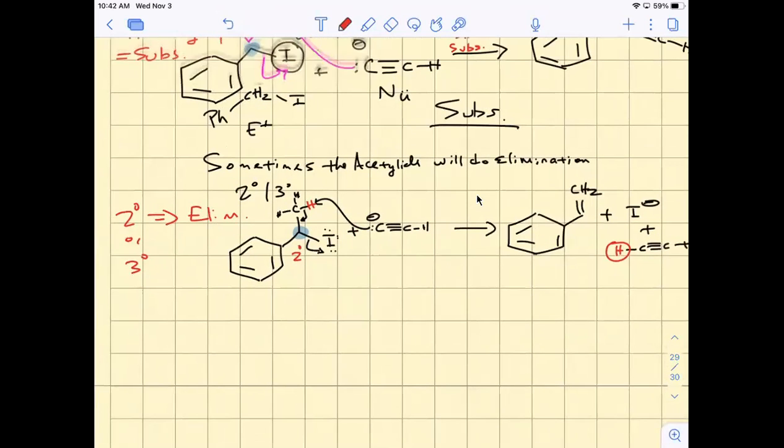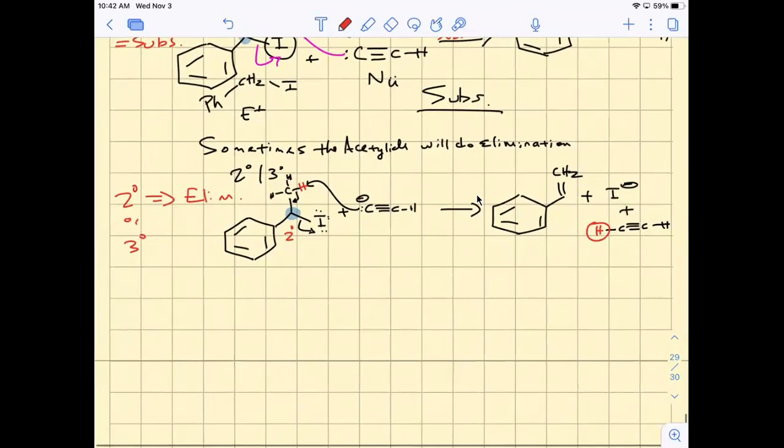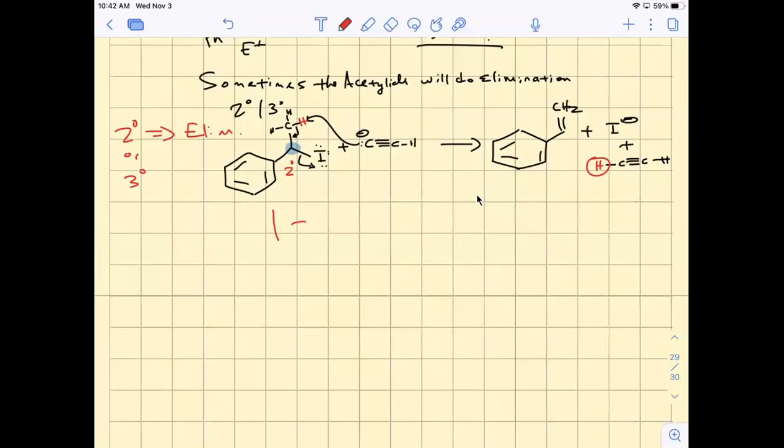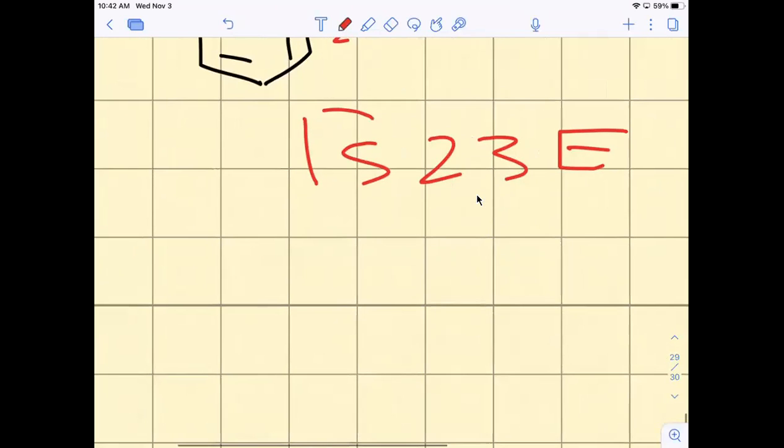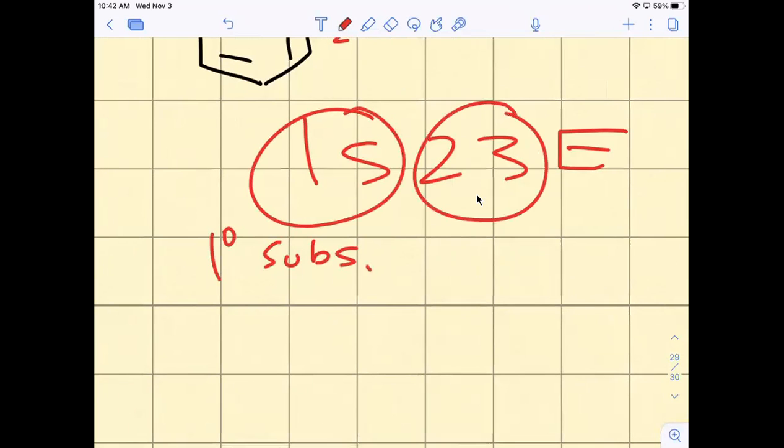Okay. And it can be secondary or tertiary. I gave a way to remember that in that video. I think it was like 1 sausage and two or three eggs, something like that. Is that right? Yeah. If it's primary, it's going to do substitution. If it's secondary or tertiary, it's going to do elimination.